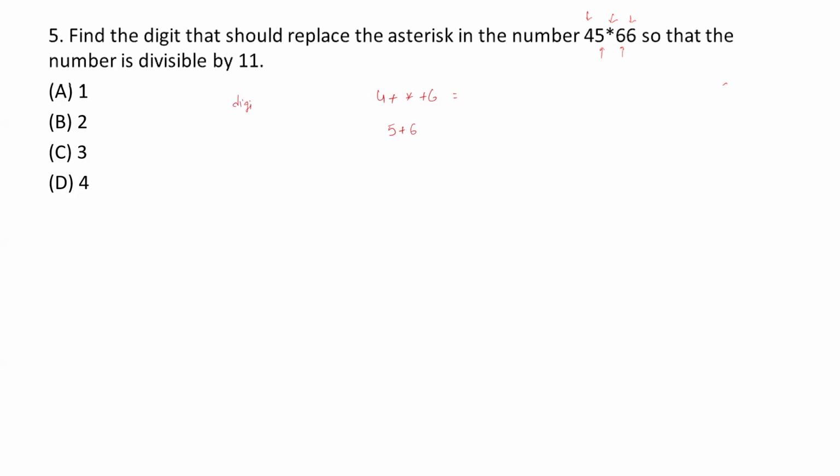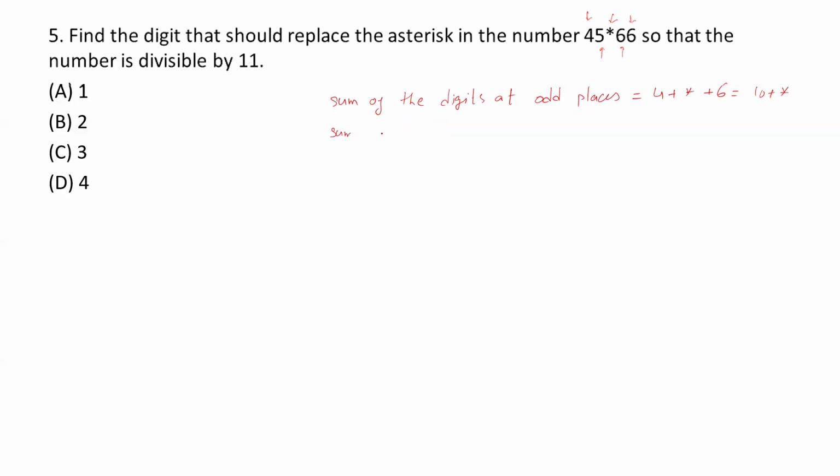So, these are the digits. Let me write it properly. Sum of the digits at odd places is equal to 4 plus star plus 6. That is equal to 10 plus star.